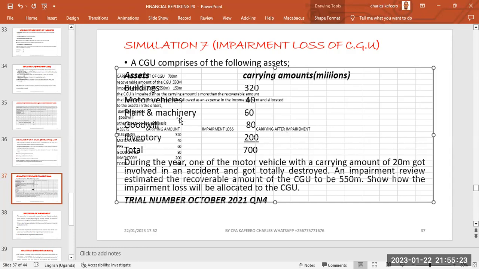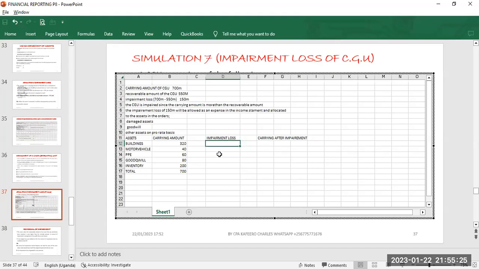Remember, we are taking only the carrying amount of the asset. The asset was 20 million. So we may put it in brackets because we are going to be deducting it from here. It is 20 million. But remember, these assets had a carrying amount, all of them, of 40 million, meaning some of the assets are still there, so we have to add.